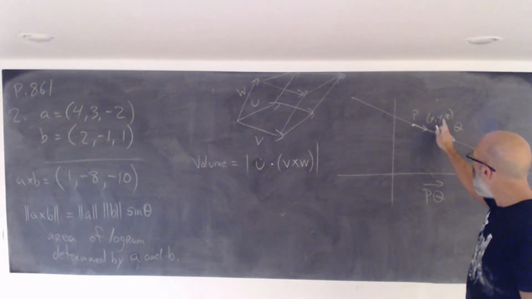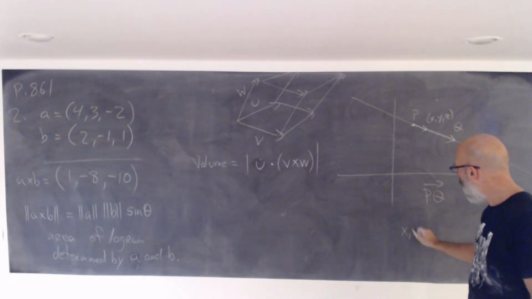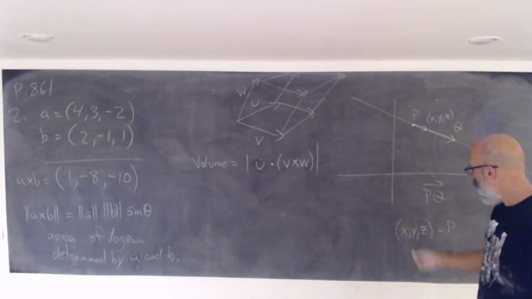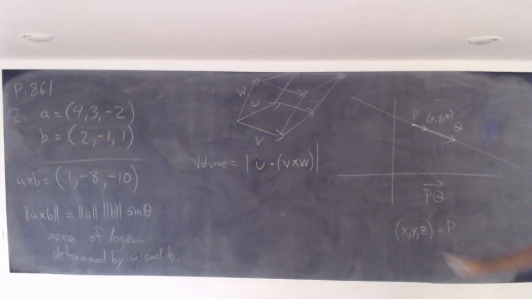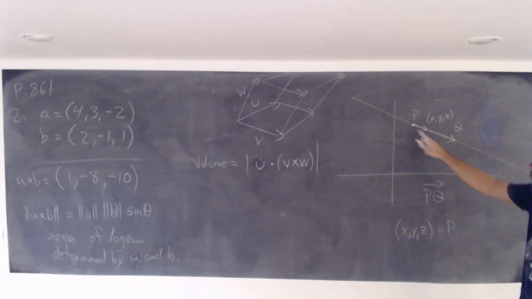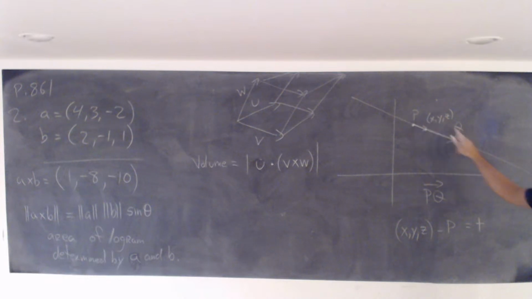So every point on the line, which is a vector XYZ minus P, must be a multiple of the vector PQ.